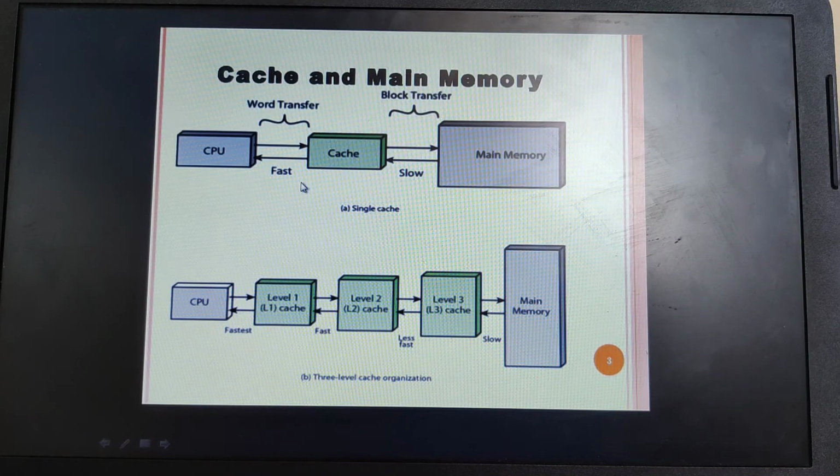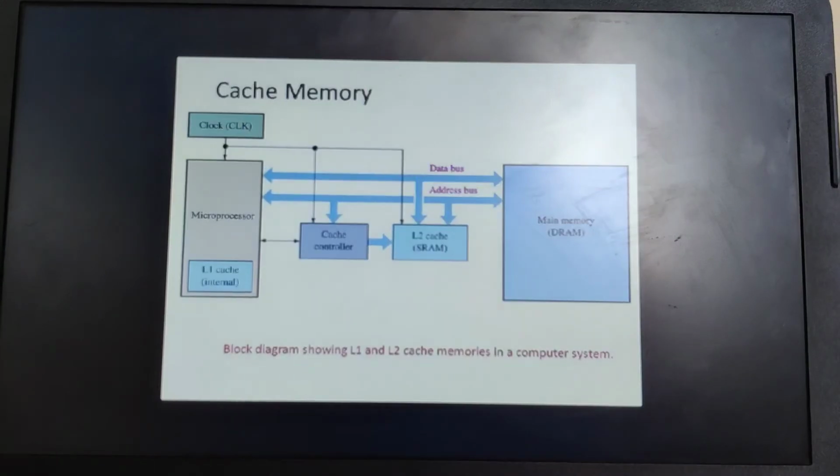Usually this cache memory is built into the processor. Cache memory is of three types: L1, L2 and L3. L1 is always built into the CPU itself, and it is considered one of the fastest cache memories, having almost the speed of the microprocessor itself.